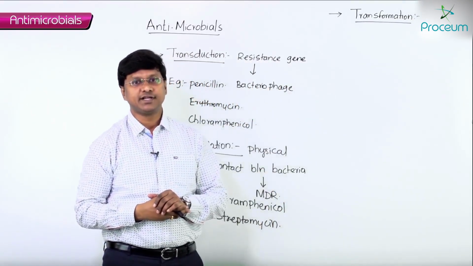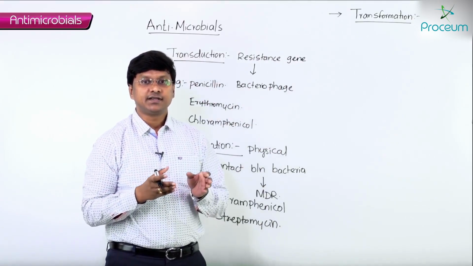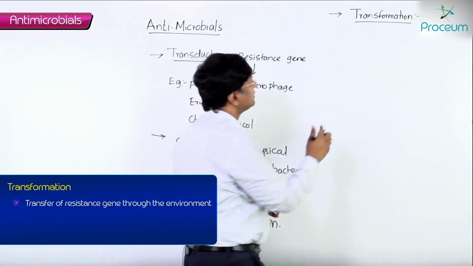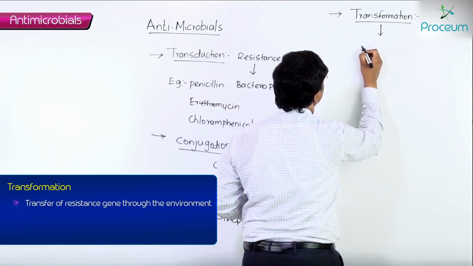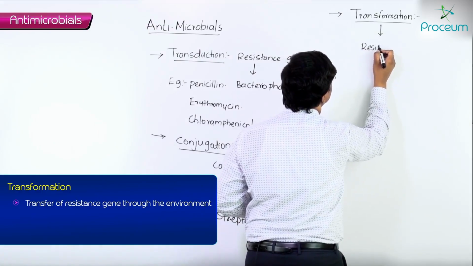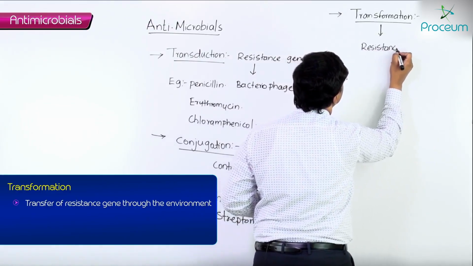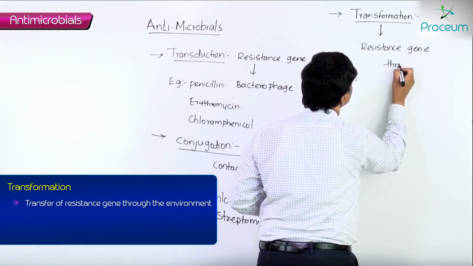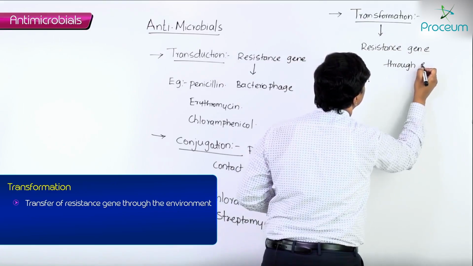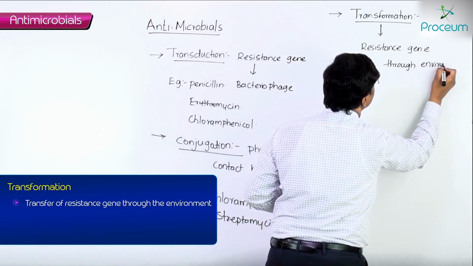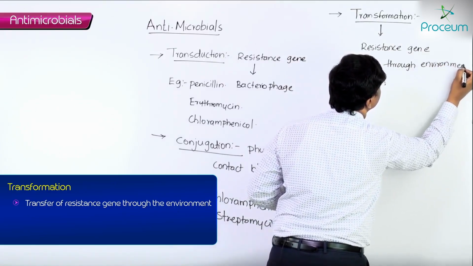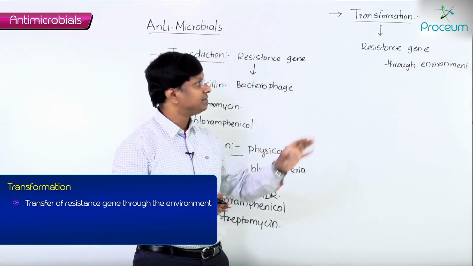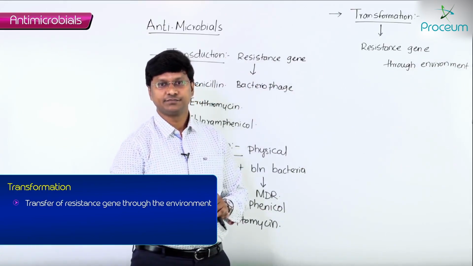If you see this particular transformation, it is the transfer of resistance gene through the environment. Transfer of resistance gene through the environment is called transformation.